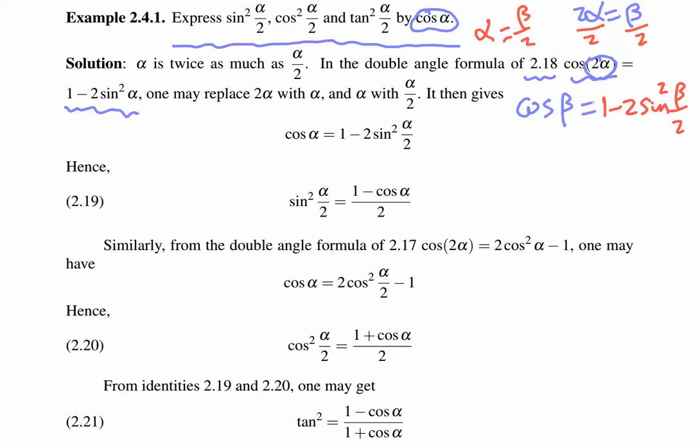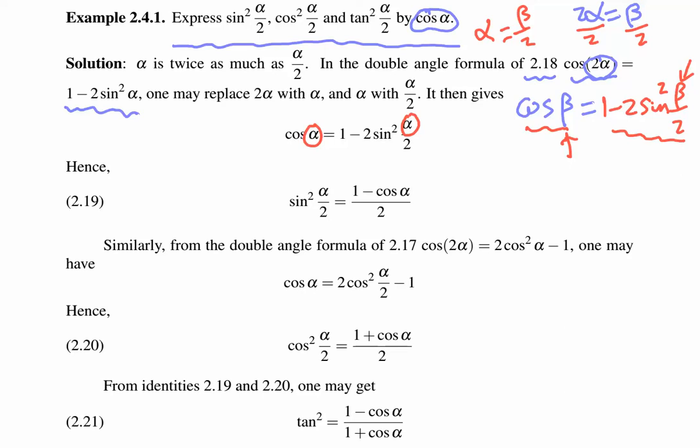Here is beta, here is alpha, but they are the same, because you can use different variables in the formula. Now, from here, we may get sine alpha over 2 squared.